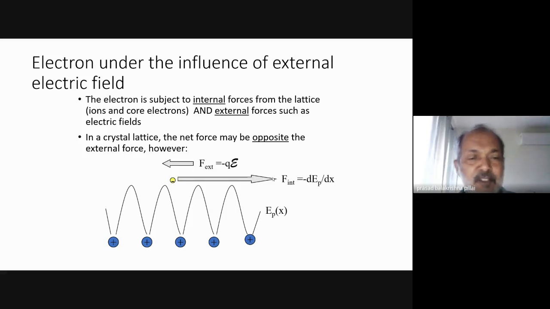Even though they are the same electrons, here it is as if they are moving with a different mass. That takes care of the internal forces, so you need not worry. We define an effective mass, and that is the concept of effective mass.